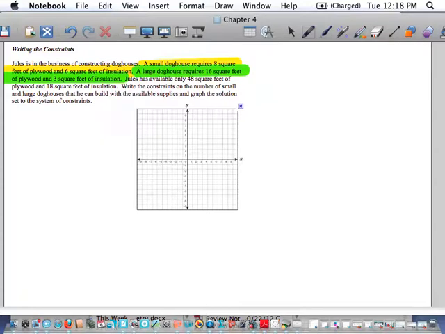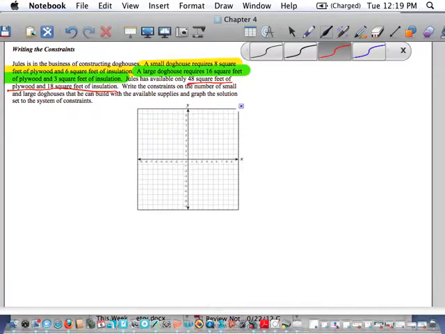Jules has available only 48 square feet of plywood and 18 square feet of insulation. It says write the constraints on the number of small and large dog houses that he can build with the available supplies and graph this solution set in the system of constraints. So we're going to graph this after we come up with a table.